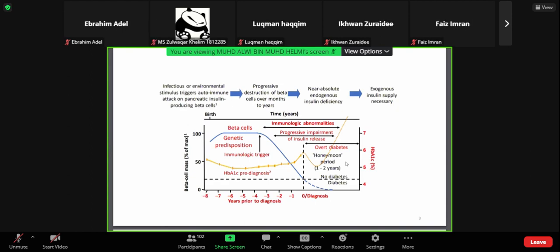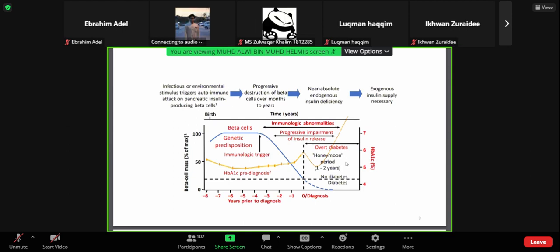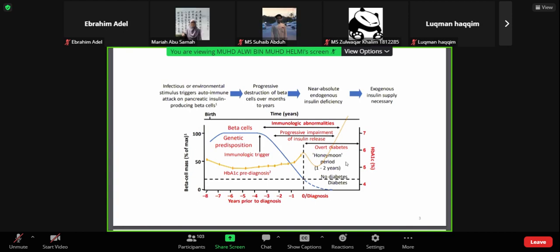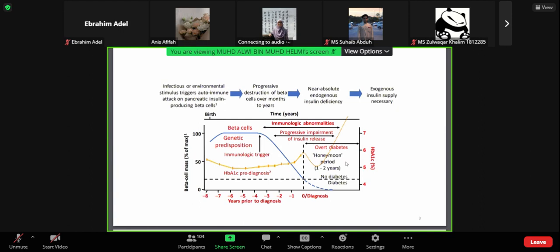Basically, an infectious or environmental stimulus triggers an autoimmune attack on pancreatic beta cells, leading to destruction of beta cells, and finally near absolute endogenous insulin deficiency due to beta cell disruption, requiring exogenous insulin supply.